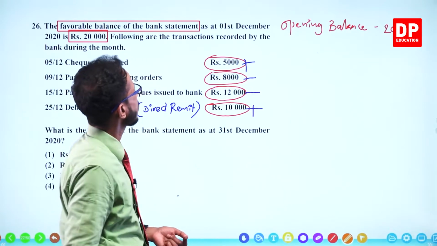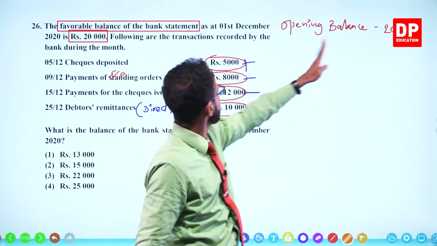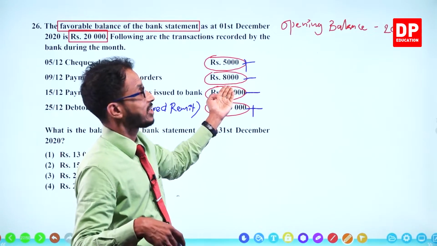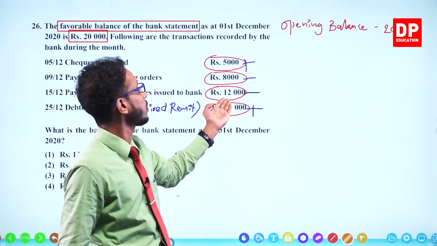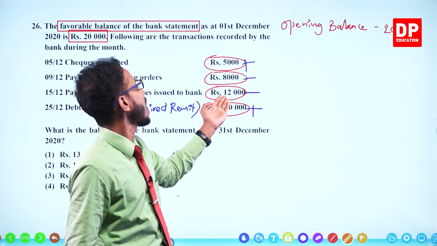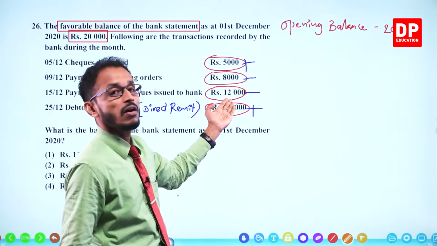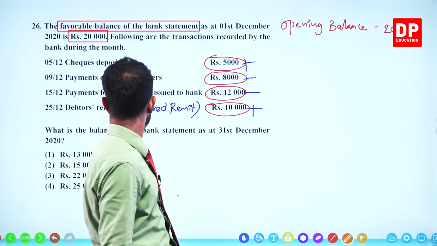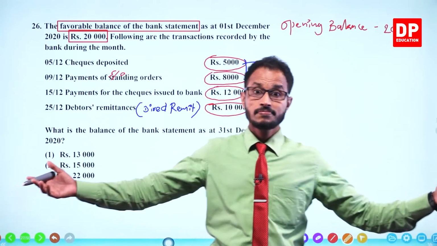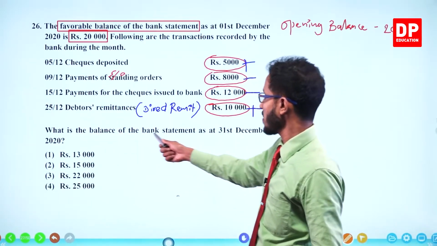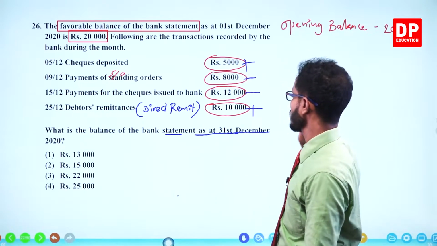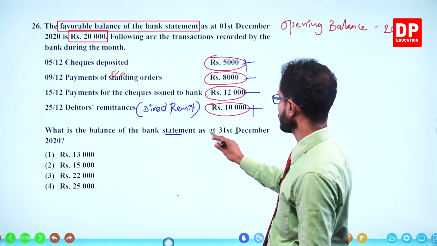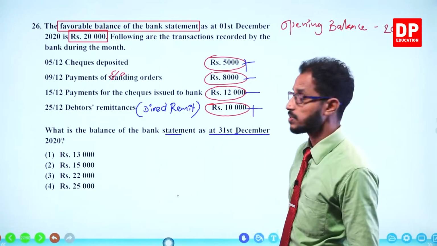Let's see. 20,000 plus 5,000 minus 8,000 is 17,000. Minus 12,000 is 5,000. Plus 10,000 is 15,000. What is the balance of the bank statement as at 31st December, end of the month? 15,000.